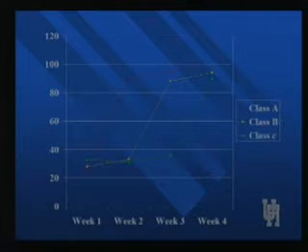Between week 2 and week 3, you continue the reinforcement program in class A, you introduce it in class B, and you get an improvement of the behavior in class B also, but it's still not improved in class C. And then between weeks 3 and 4, you introduce it for class C as well.